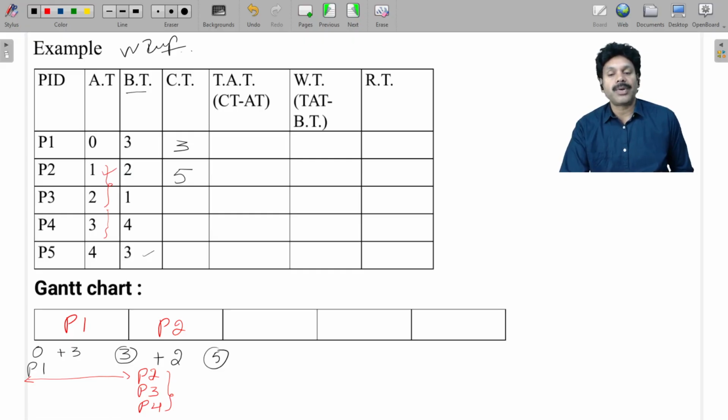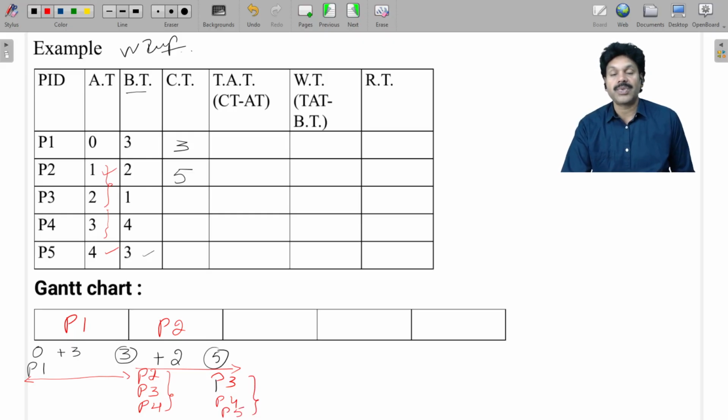Now there are 2 other processes left, P3 and P4. But imagine during this time, one more process has come at time 4, that is P5. It also arrived, so pull it to the ready queue. Now among these 3, again there is a race.